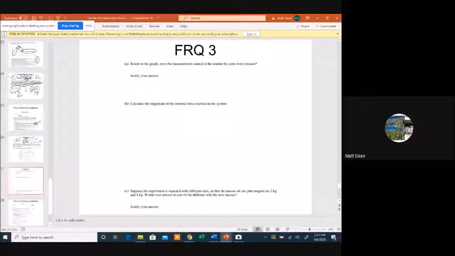So based on the graph, were the measurements started at the instant the carts were released? Justify your answer. That justify, always a big thing in AP questions. Explain, tell why. Let's go back to the graph.